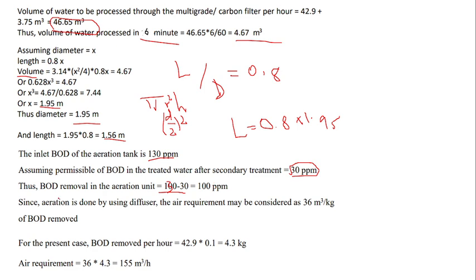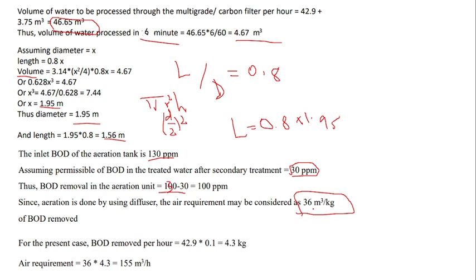Now, we again take an assumption that for every kg, 36 meter cube of air is required. Okay, so aeration is done by using a diffuser. Air requirement may be considered as 36 meter cube per kg of BOD removal. For every kg of BOD removal, 36 meter cube of fresh air is required. Okay, this is the basic amount required.